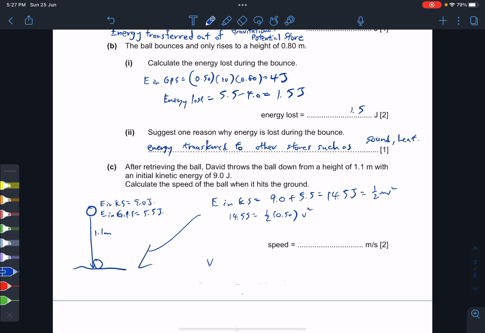So just make v the subject. 14.5 times 2 divided by 0.5, square root, 7.629, which is actually just 7.6 meter per second. 2 SF again. Cool.